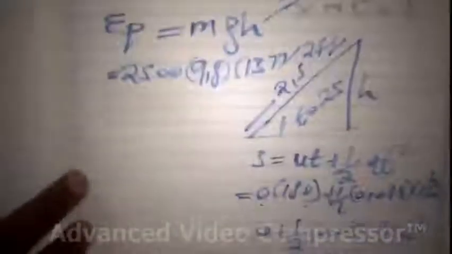Why the 25 though? Remember, this is an incline of 1 in 25. So it means it's 1 over 25.